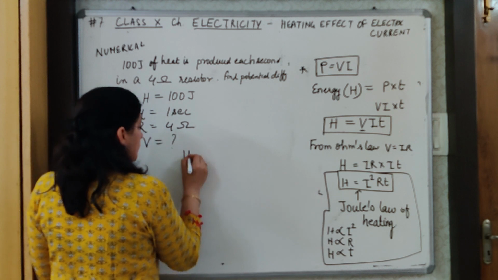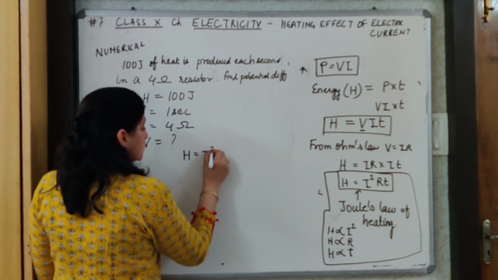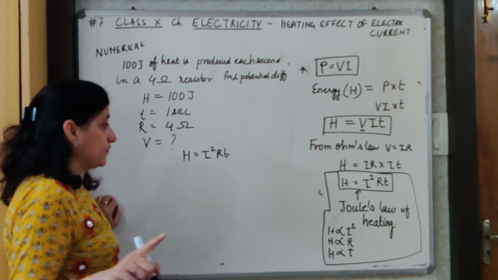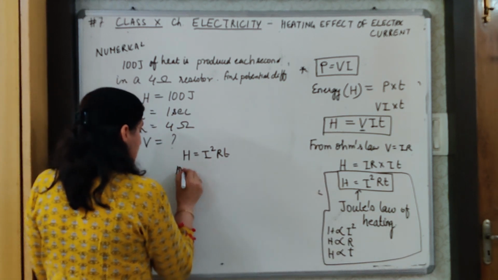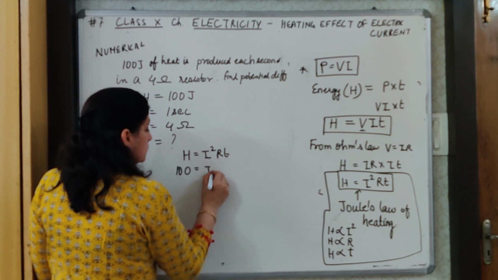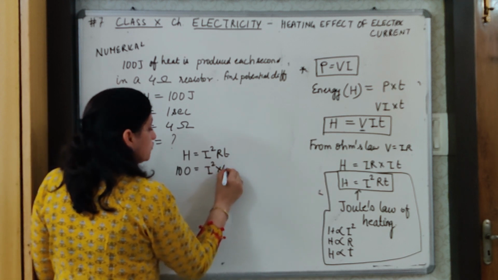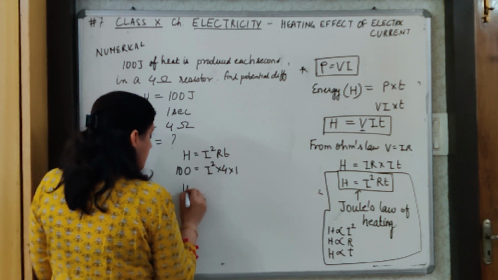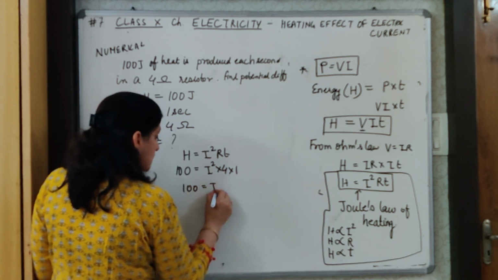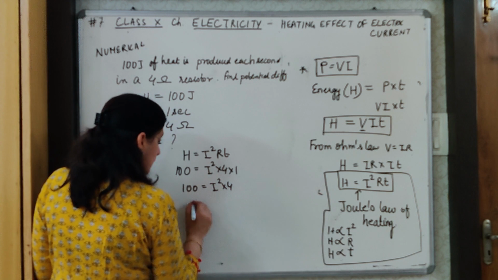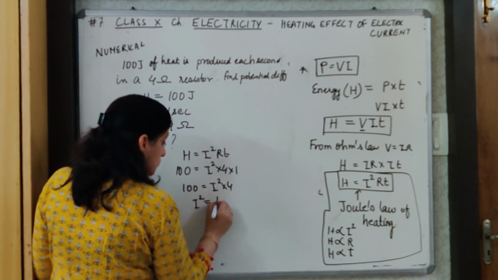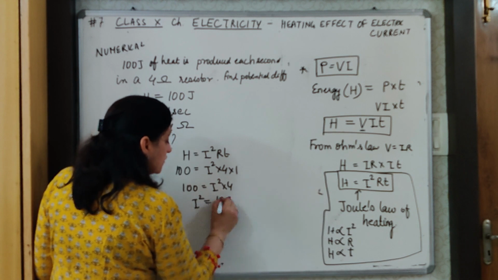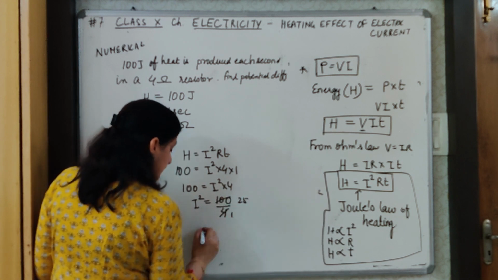So I use the formula H is equal to I square RT to find I. H is how much? 100 is equal to I square into 4, and time is 1 second into 1. So I get 100 is equal to I square into 4. I square is equal to 100 upon 4, which gives me 25.